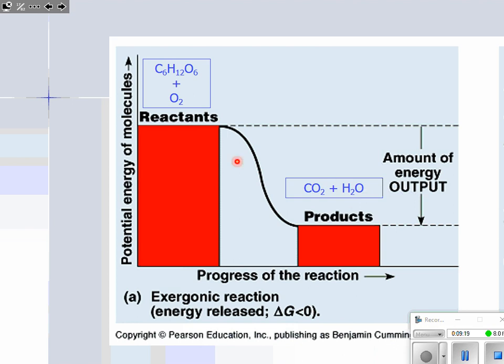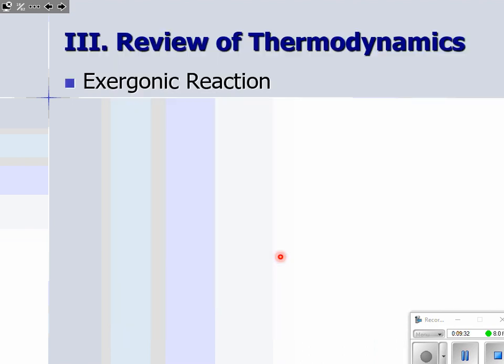So if you start out with a high energy reactant and you end up with low energy products, that means somewhere along the way energy was lost. That's an exergonic reaction.